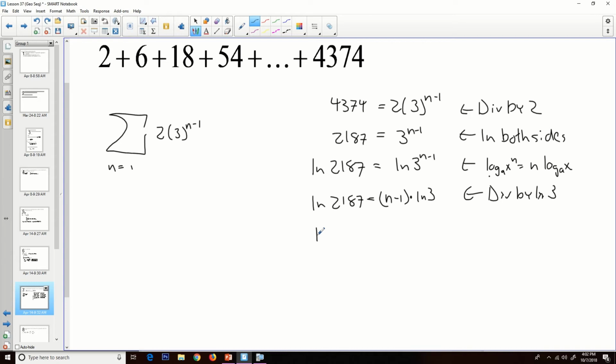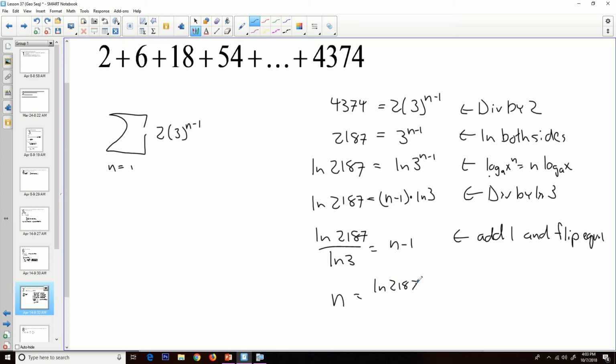And so I've got ln 2187 over the ln of 3. That'll leave us n minus 1. So we're going to add 1 and flip the equation. And so I'll have n by itself, and then I'll have the ln of 2187 all over the ln of 3, and then we got to add 1 to that.